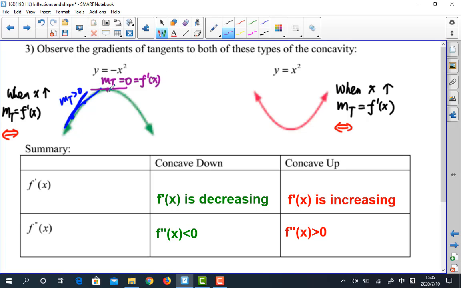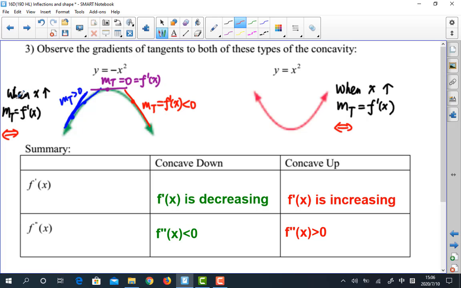This f prime x at this point should be 0, which is the slope of the tangent at this point. So then, if you pick up any point on this side, the tangent should be this one. So you can observe the tangent, which is the f prime x, becomes negative.